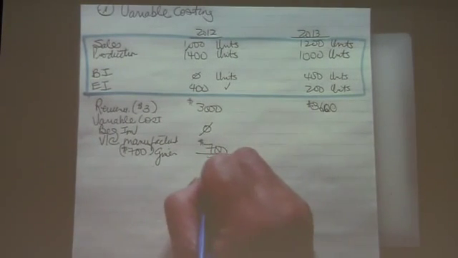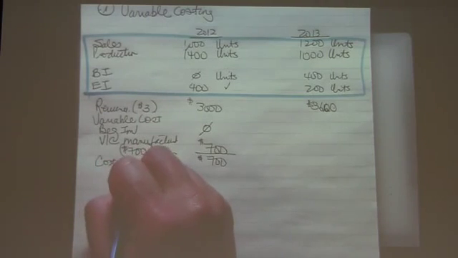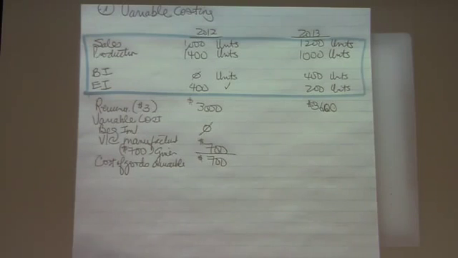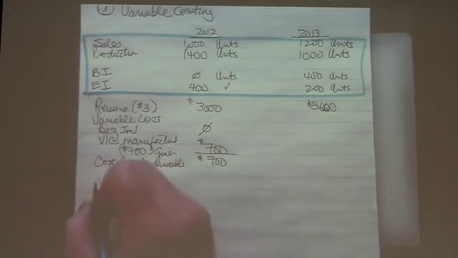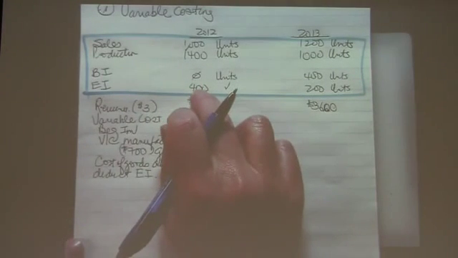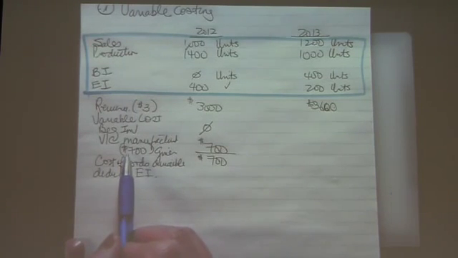And this gives us cost of goods available. Deduct ending inventory. We know ending inventory is 400 units. Now, how much is the variable cost per unit?